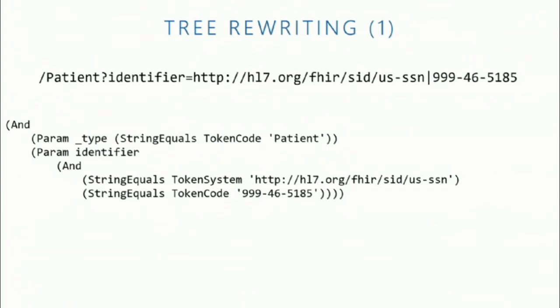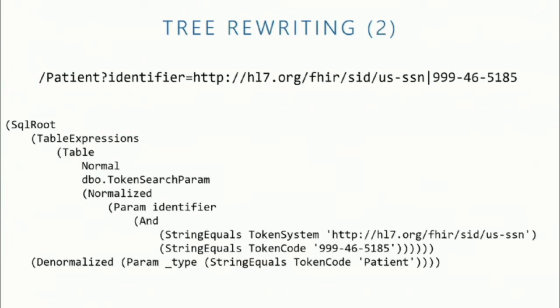This is a way of showing a tree, and it maybe looks a little bit like Lisp, but here you have an AND expression with two nodes within it. This is an AND where the type is equal to Patient, and the identifier search parameter has two criteria that it must meet: the system is this, and the token code is this. That's basically understandable from what we get in.